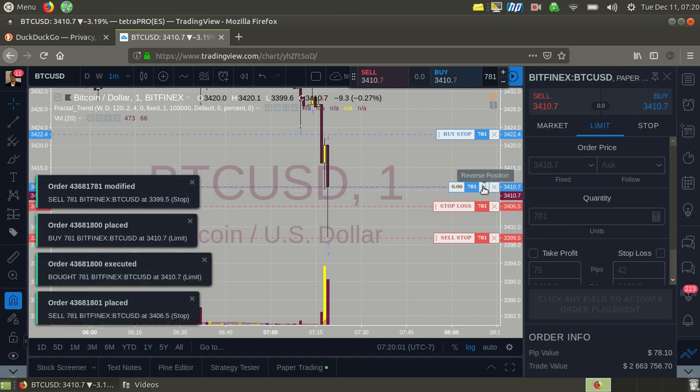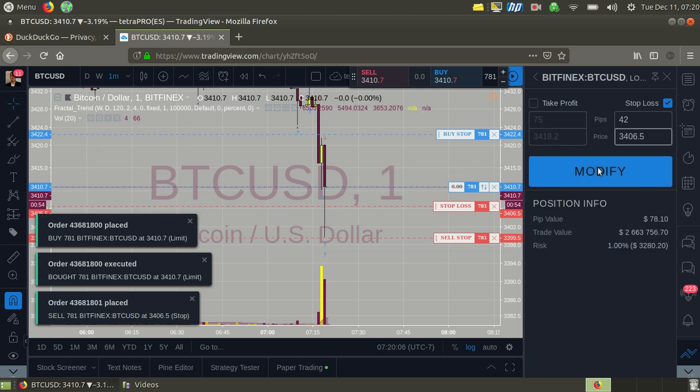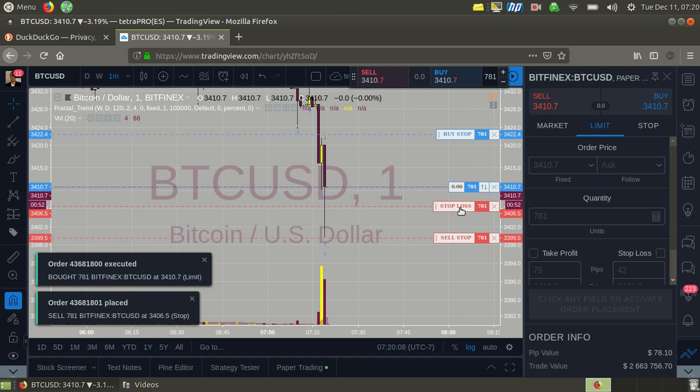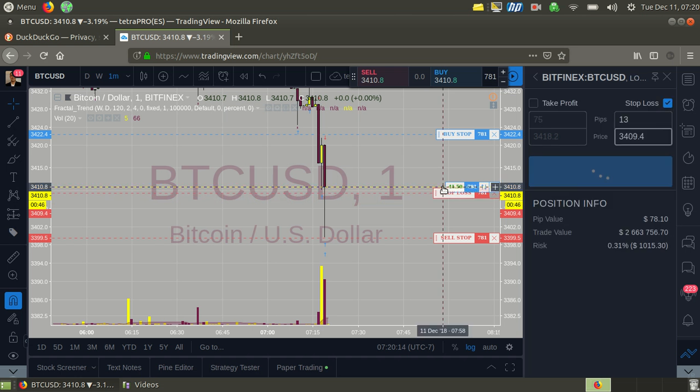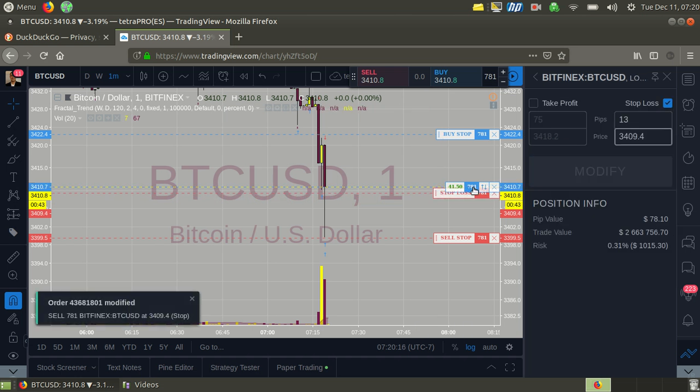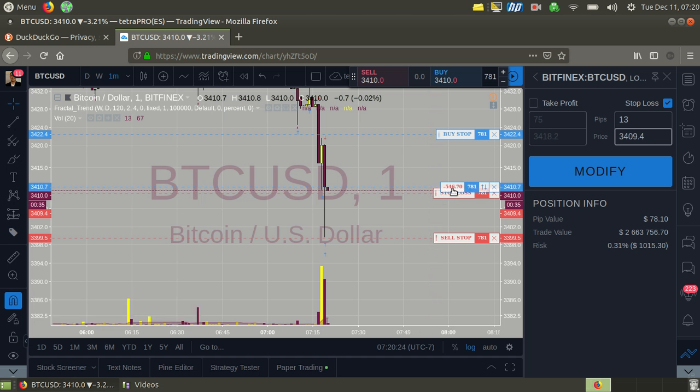Okay, something happened here. I'm long, and I do not have protection on. Oh, I entered an order. Is that my risk for that trade? That was weird. 0.31%. Okay, that's acceptable. This is probably going to come right back down, yeah, for sure.